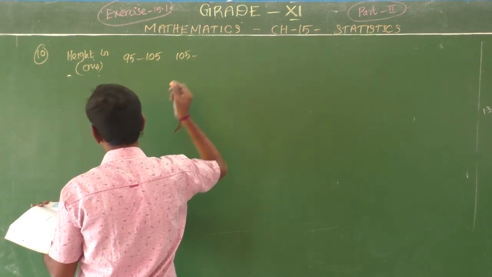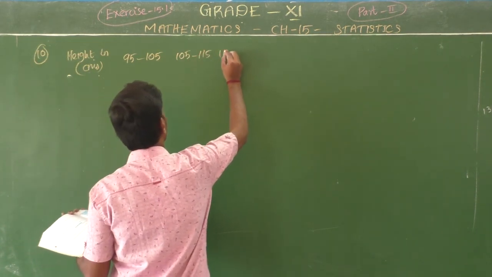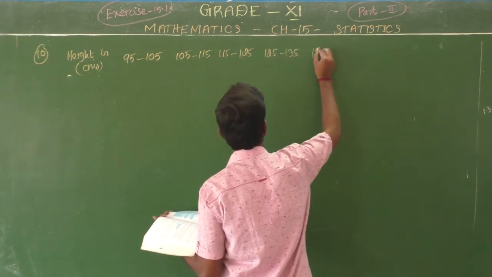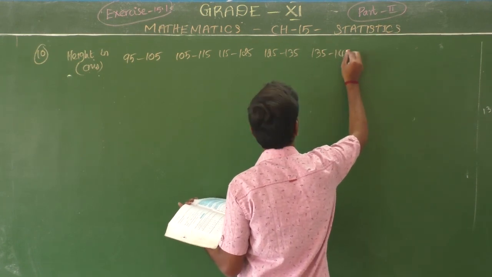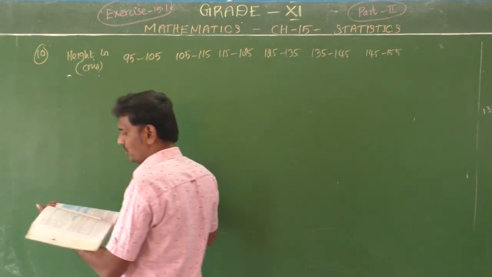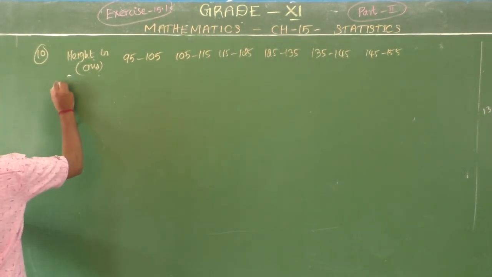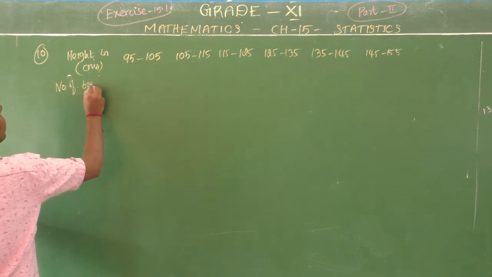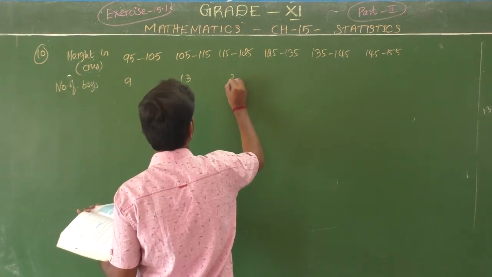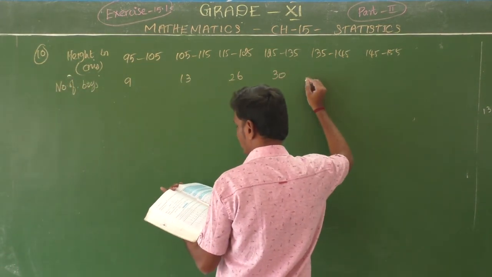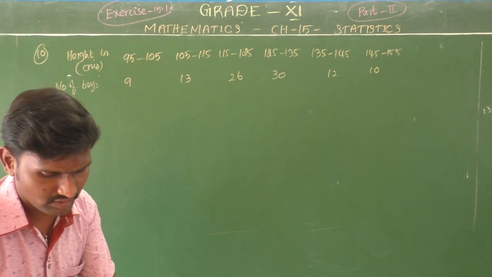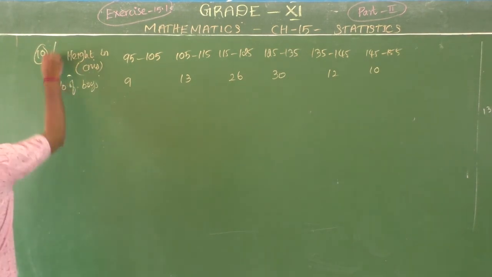So 105 to 115, then 115 to 125, 125 to 135, 135 to 145. Finally 145 to 155. Now number of boys. Here is given 9, 13, 26, 30, 30, then 12, finally 10. So this is your given table. Okay. Yes.